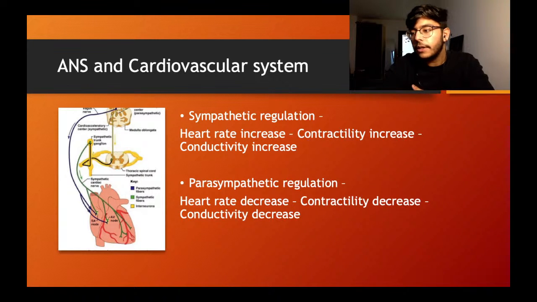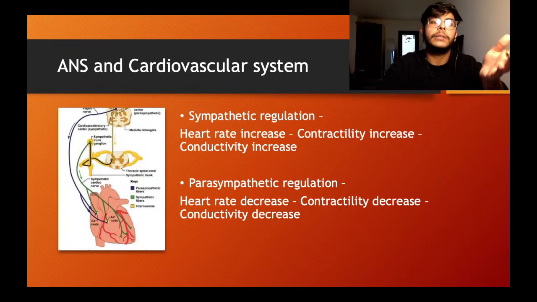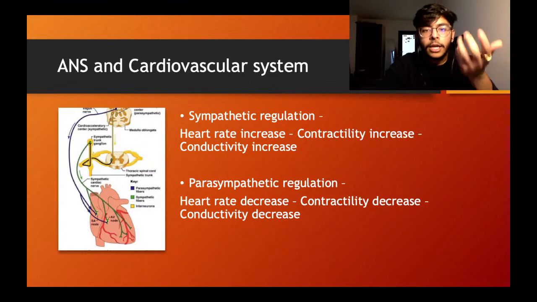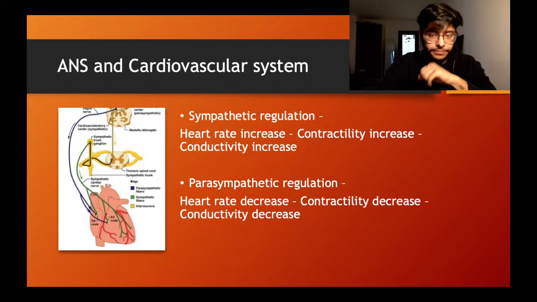That's when the sympathetic nervous system is going to be in full flow. It's going to increase its discharge into the sinoatrial node, leading to increased action potentials, increased contraction, and a lot more blood being pumped out of the heart and into the whole body. So pretty self-explanatory, pretty basic understanding.